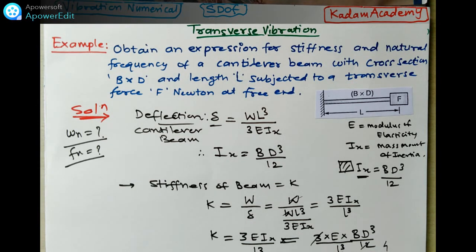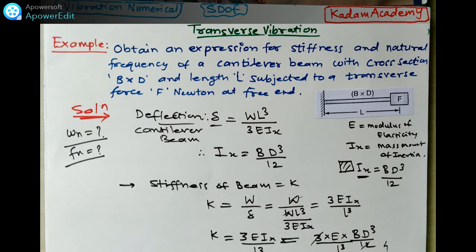You can see the value of this omega n and how to find out this omega n. In that case omega n becomes the square root of k by m. So again I will write this equation clearly: EBD cube in the numerator, and in the denominator m into 4L cube.